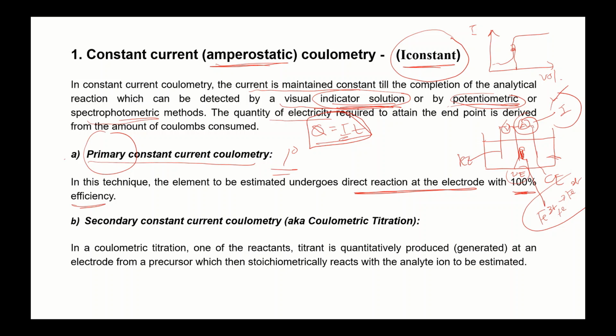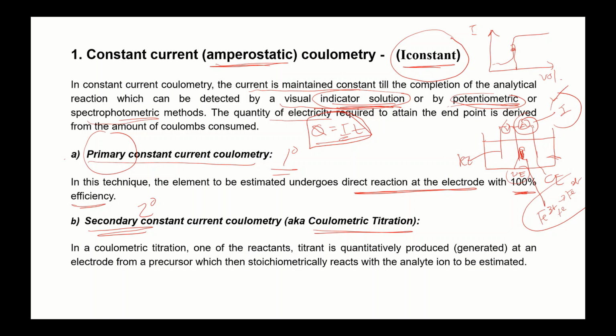Okay, another type of constant current coulometry we call secondary constant current coulometry, also known as coulometric titration. This is the special method for coulometry.